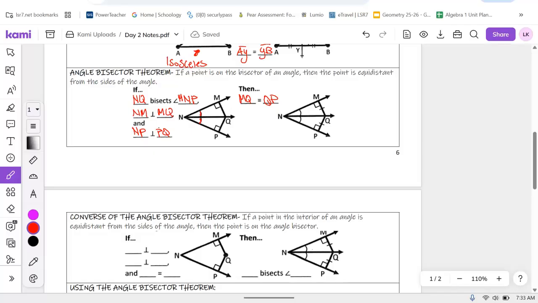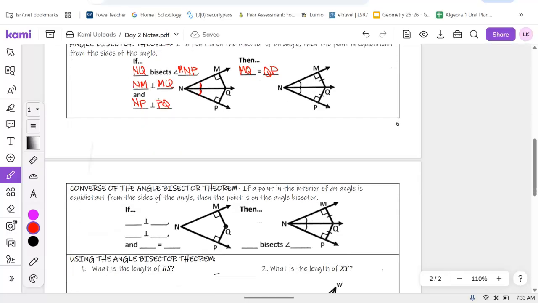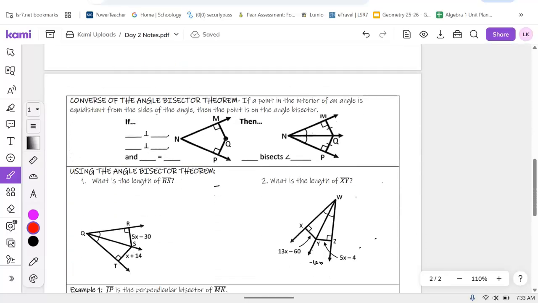So this is just saying this is the angle bisector theorem. Now, if we look at the converse of the angle bisector theorem, if the point in the interior of an angle is equidistant from the sides of the angle, then the point is on the angle bisector.